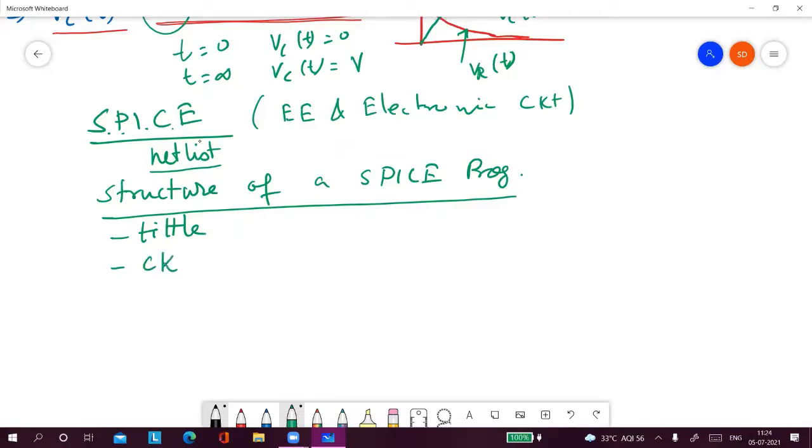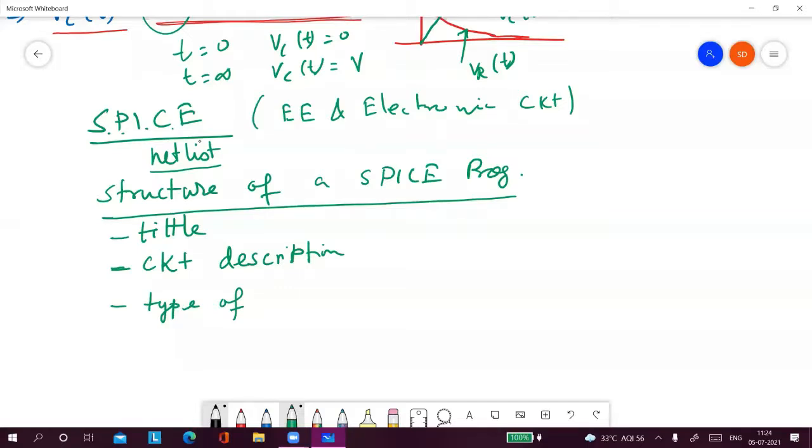Then we'll write the circuit description, the program lines which describe the circuit that we want to analyze. And then we'll write the type of analysis, what type of analysis you want to perform, which is also called the control statement.